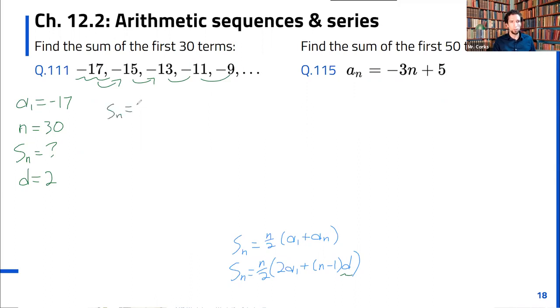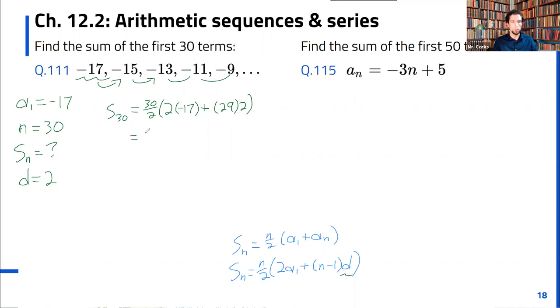S30 equals 30 over 2 times 2 times -17 plus n minus 1, 29, times d, which is 2.